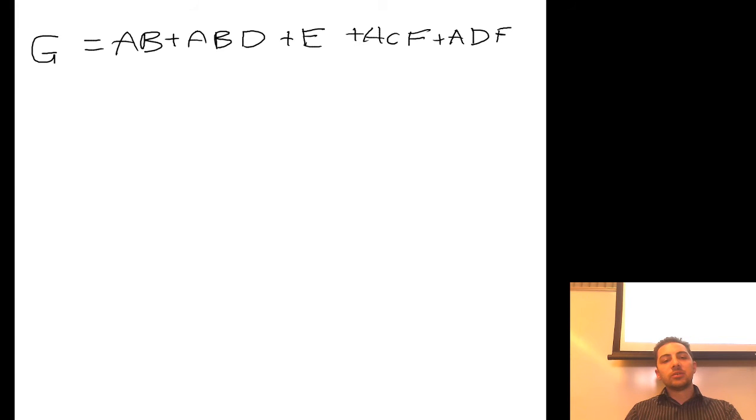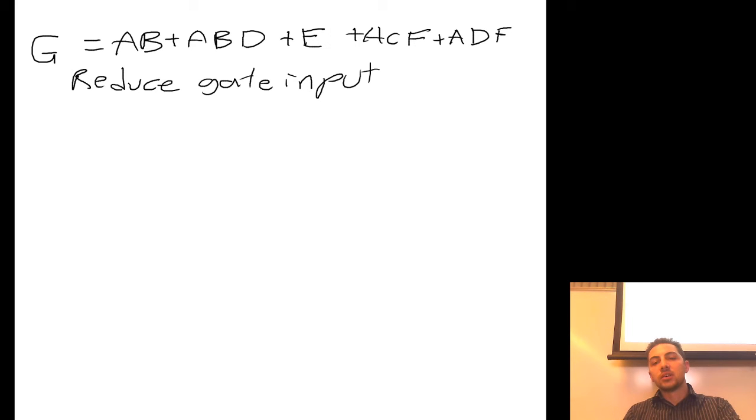What we'd like to do just for this one is reduce our gate input cost. Now our gate input cost is how many inputs do we have? First off, we want to look at all of our terms. In our terms, the number of gate inputs is the literals. So for this term, we've got 2 gate inputs. For this term, we've got 3.